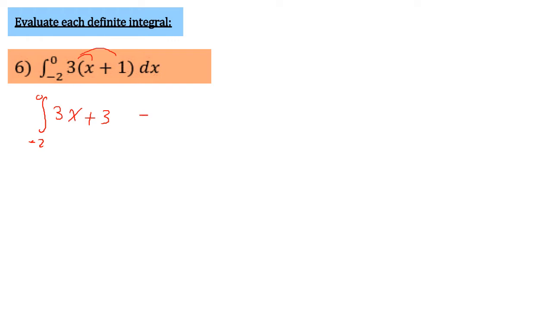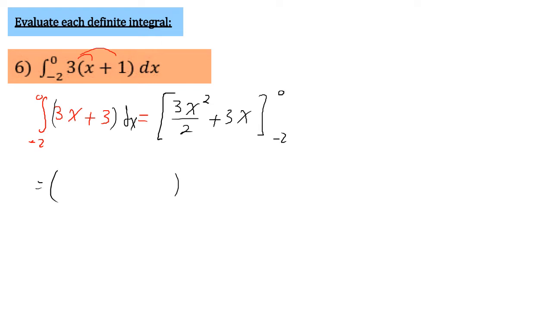So first I'm going to start by finding the integral. The integral of 3x with respect to x is 3x squared divided by 2 plus 3x from negative 2 to 0. So I'm going to replace x with 0 and subtract the value at negative 2 from it.